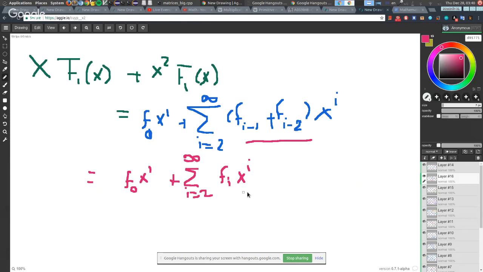Then we notice this part is the same as f1 of x, but excluding the first two terms. F0 is to the power of 1, and then we take capital F of x minus 0 minus f1.